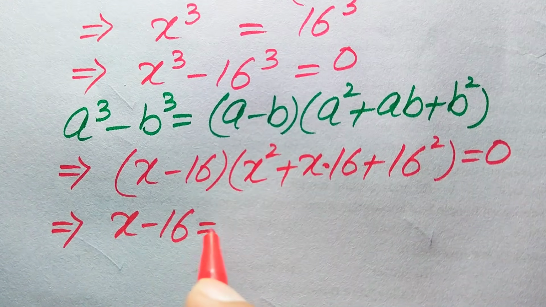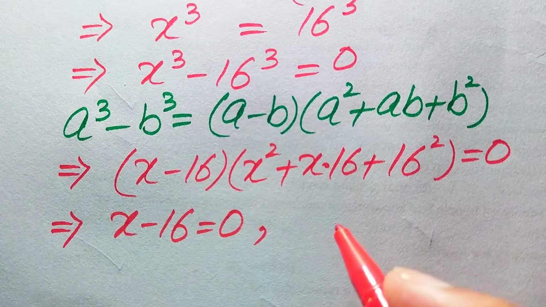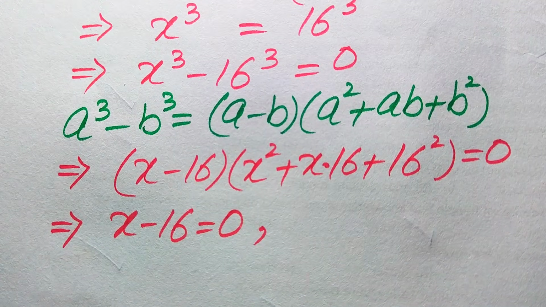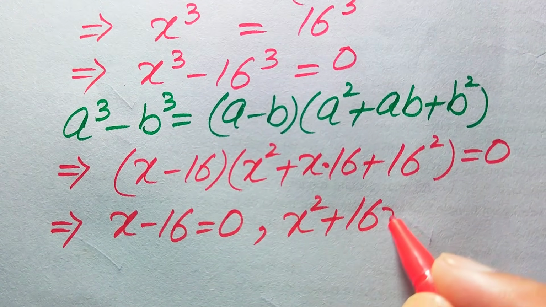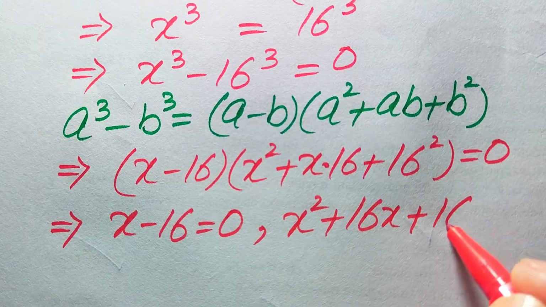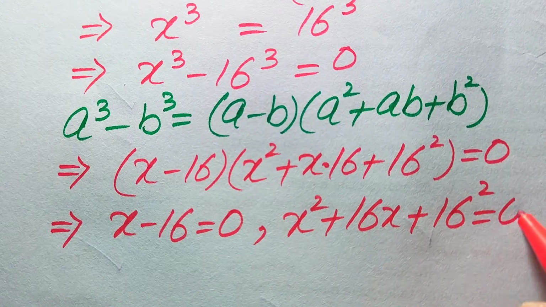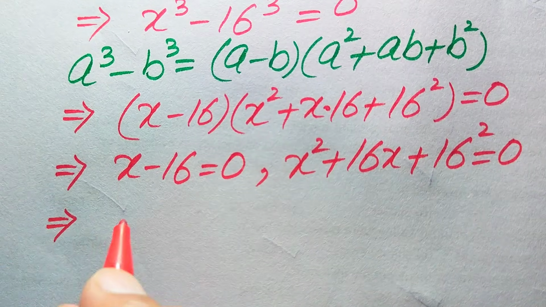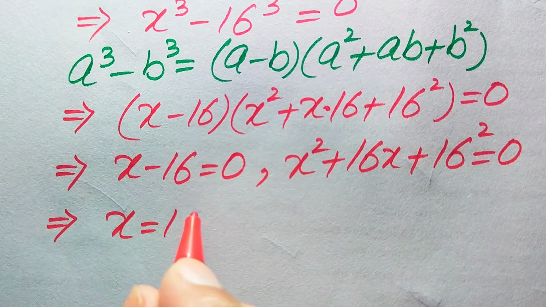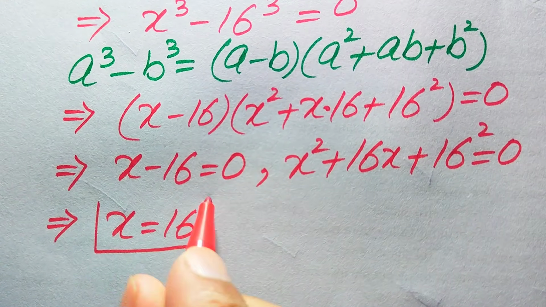The first case is x minus 16 is equal to 0, and the second case is x square plus 16x plus 16 square is equal to 0. From here we move minus 16 to the right hand side, and we get the value of x is equal to plus 16.